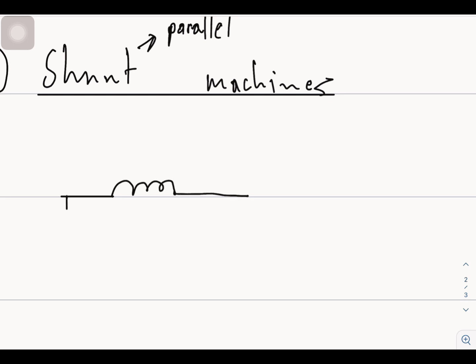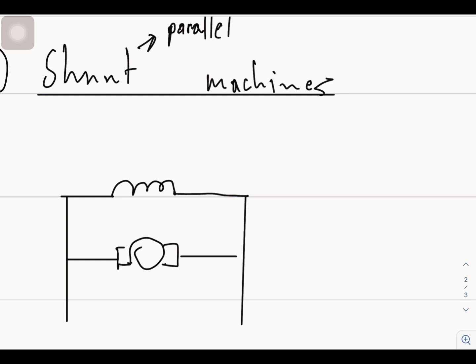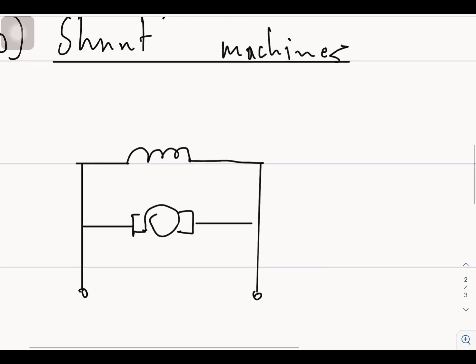This is the field winding. And we can see, guys, it is still self-excited because the field winding does not have a separate supply. If this machine is a generator, the field winding is supplied with the current from the armature.